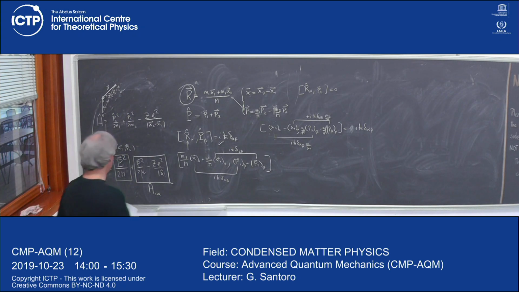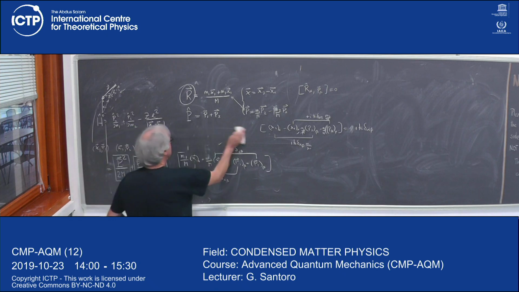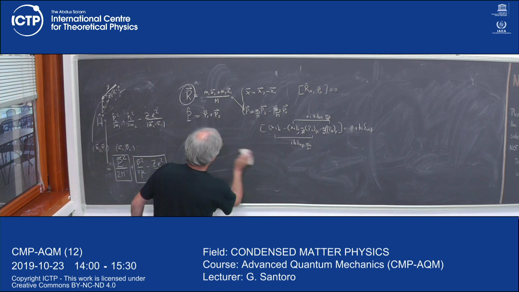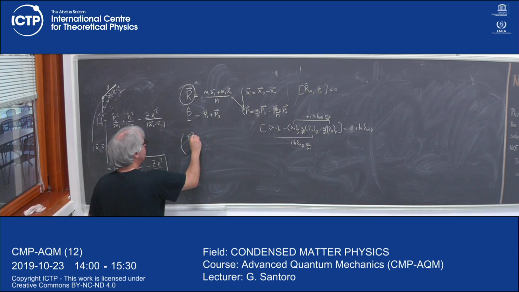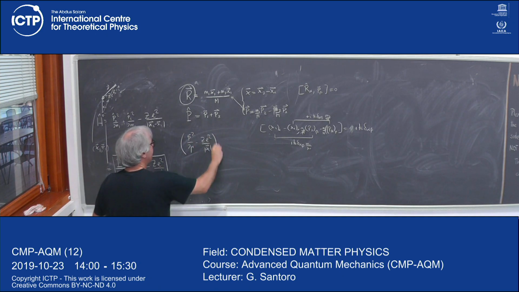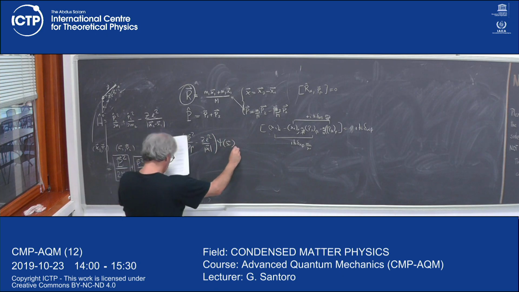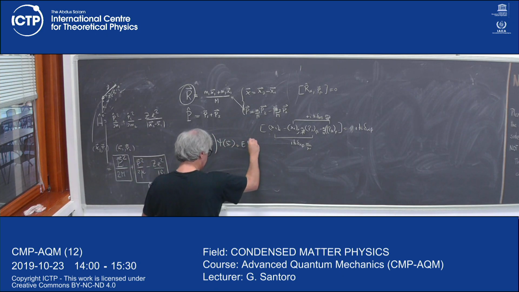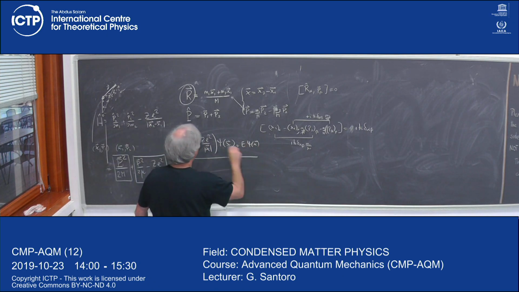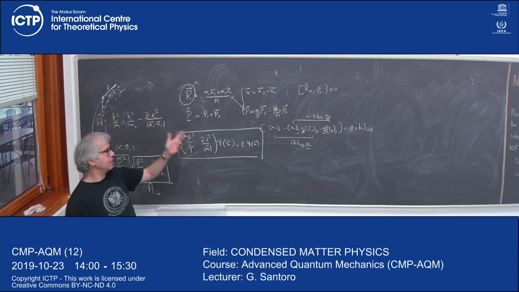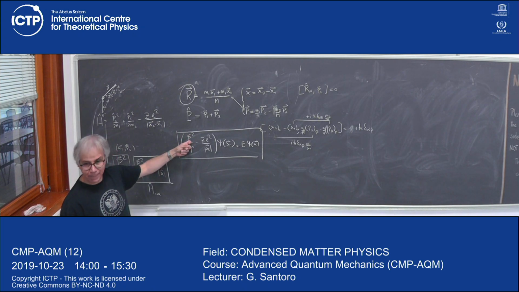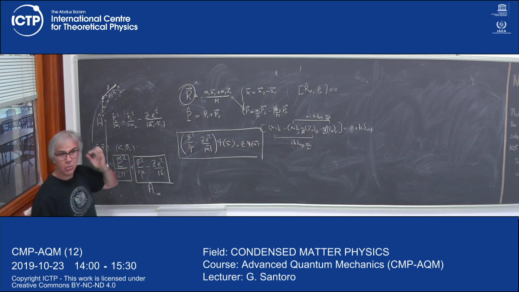So the goal is to somehow be able to diagonalize this problem, so to find p squared over 2 mu minus Z e squared over x, psi of x equals E psi of x. So this is the goal. Solve the Schrödinger equation, which is now a three-dimensional potential with spherical symmetry, and here you have the three-dimensional Laplacian. We have to solve this problem.